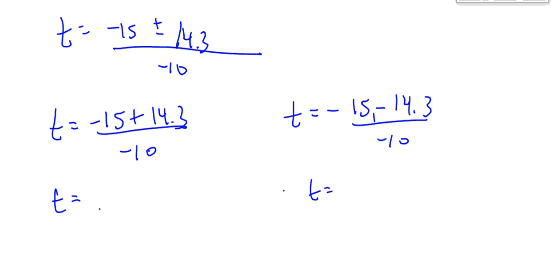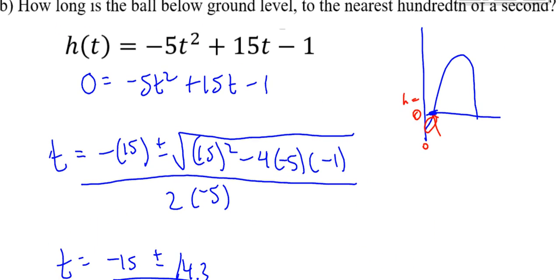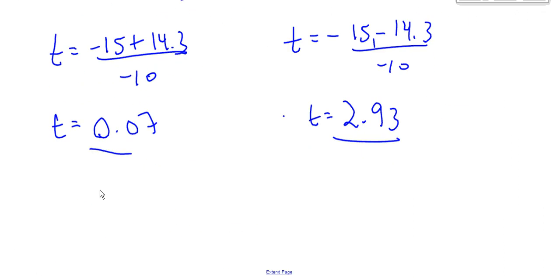So I get 0.07, and negative 15 minus 14.3 equals, divided by negative 10, so I get 2.93. Now, I'm really glad both these numbers are positive, because we expect that we should have two valid times when the ball is at ground level. So one of them is really small, like 7/100ths of a second, and the other one is about 3 seconds.